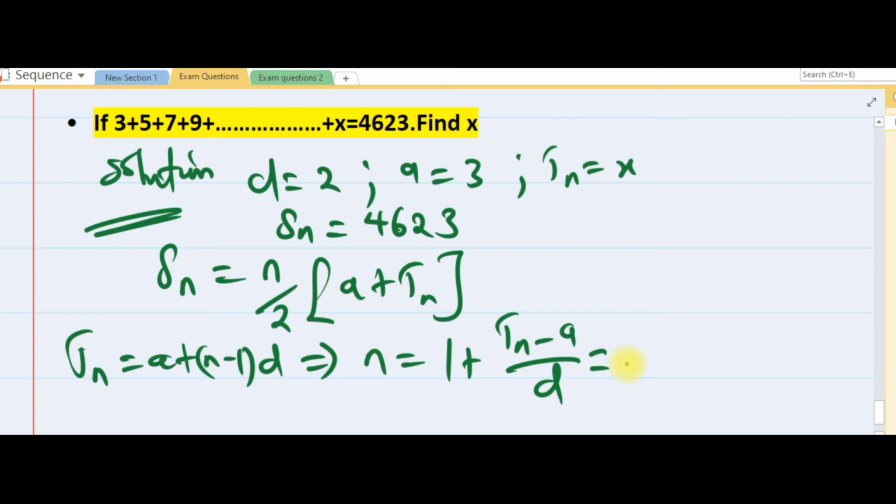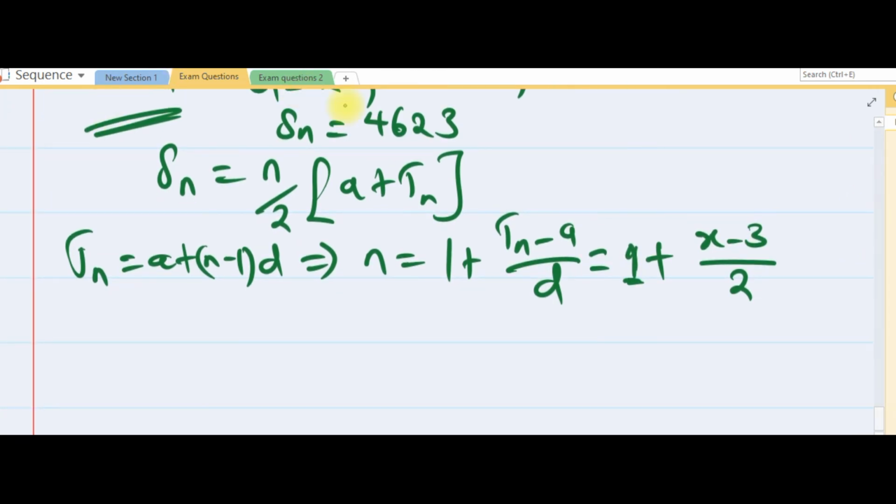So n is 1 plus the last term, which is x, minus the first term, 3, over the common difference, 2. So we substitute, and n is 1 plus x minus 3 over 2. So we now go to this equation.